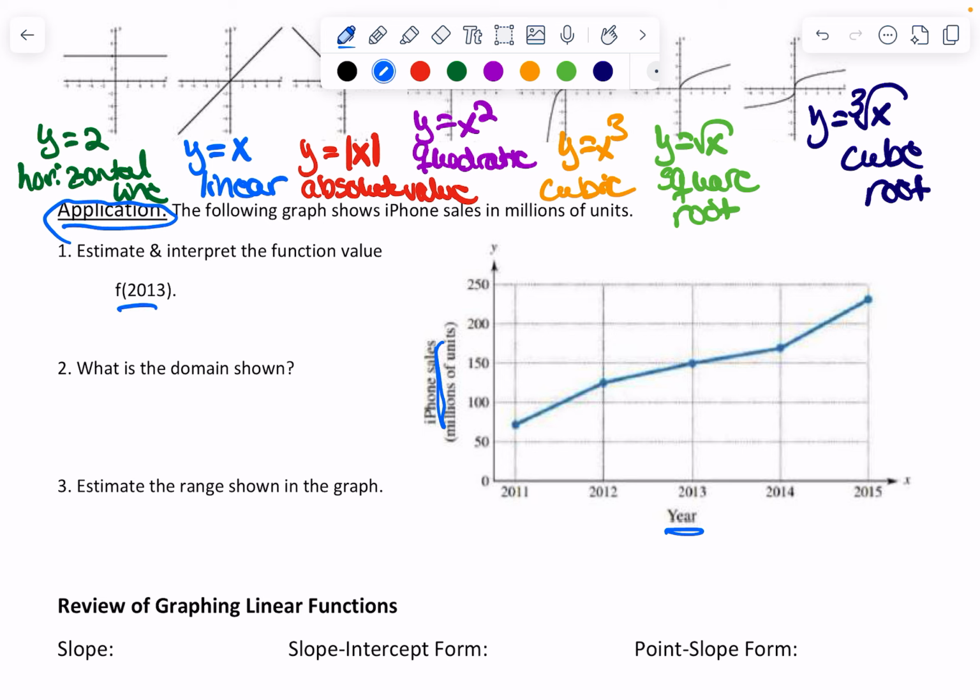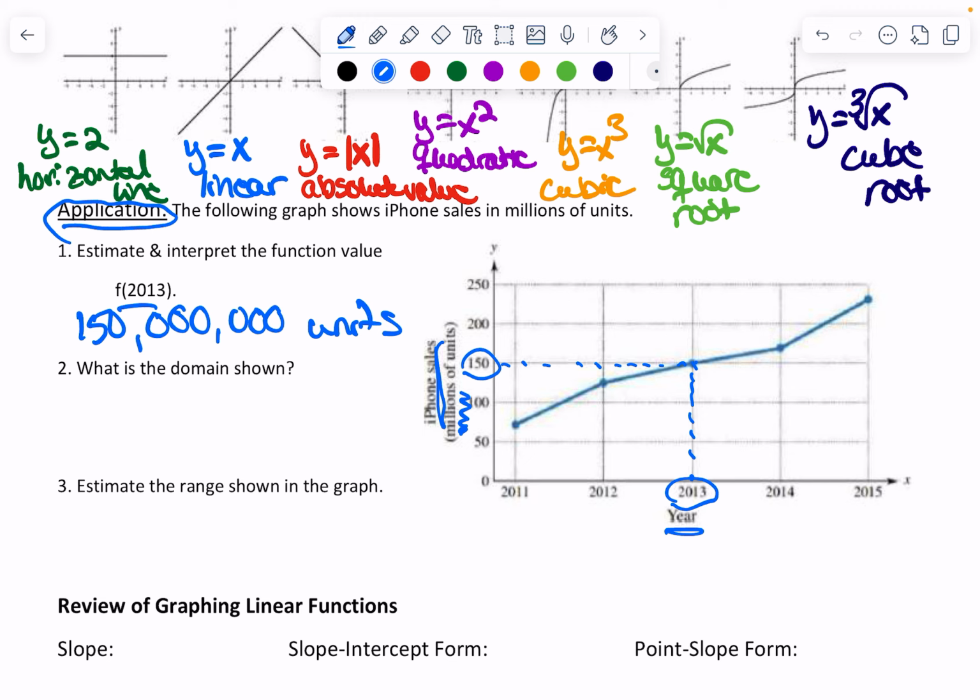So 2013 is right here. We're going to go up where we meet the graph and then go to the left to see what the value is. So it's 150. And now notice that this is millions of units. So 6 zeros after 150. So 150 million.